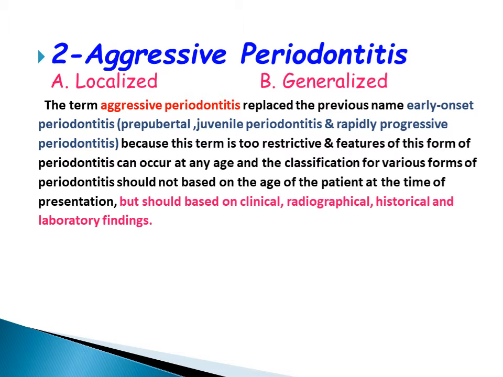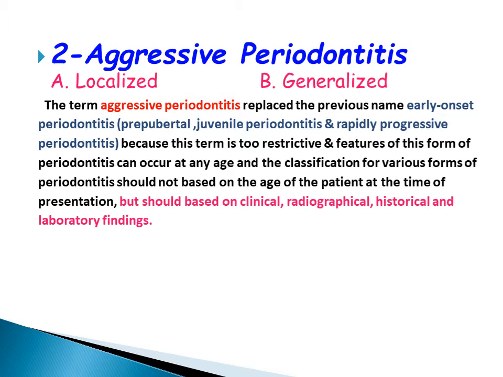The second type of periodontitis that was proposed in 1999 was aggressive periodontitis, which is divided into localized and generalized aggressive periodontitis.